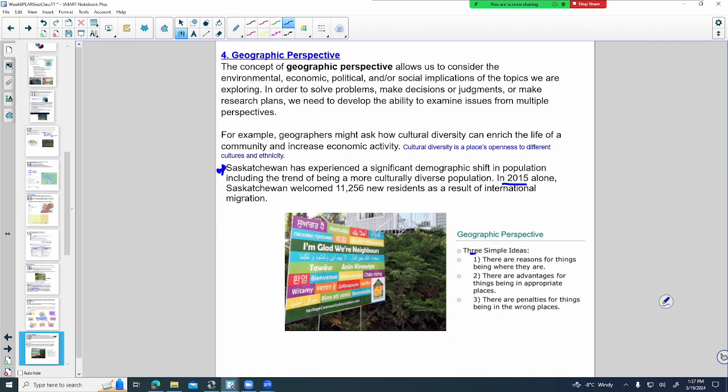So again, 3 simple ideas for geographic perspective. There are reasons for things being where they are. There are advantages for things being in appropriate places. And finally, there are penalties for things being in the wrong places.